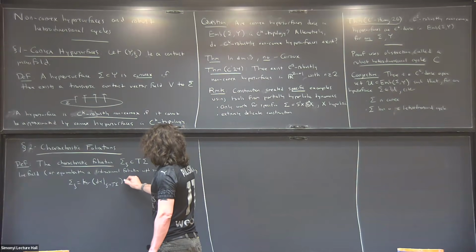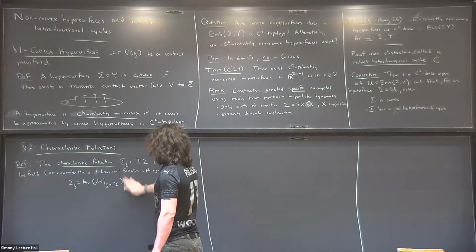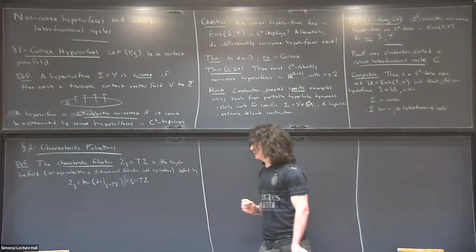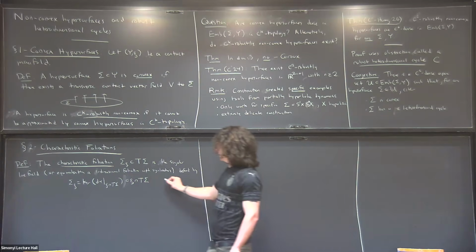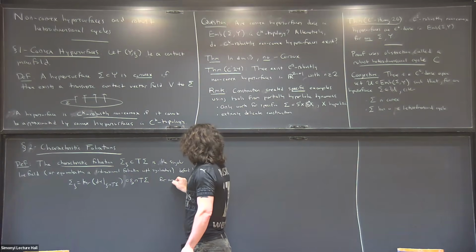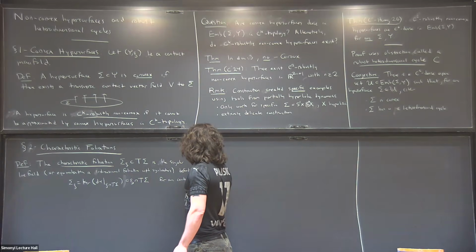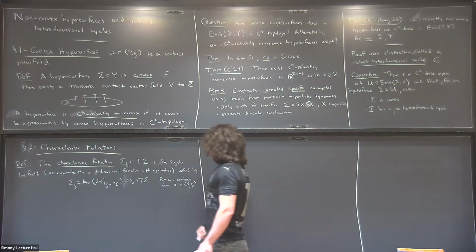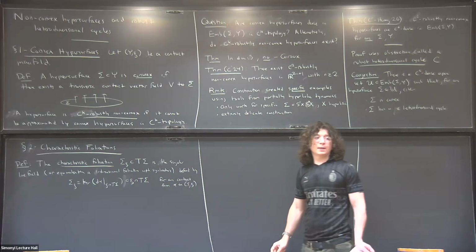And then you restrict this, and this will be some subspace of this intersection between the contact structure and the surface. And this is for any contact form alpha on the ambient contact manifold.